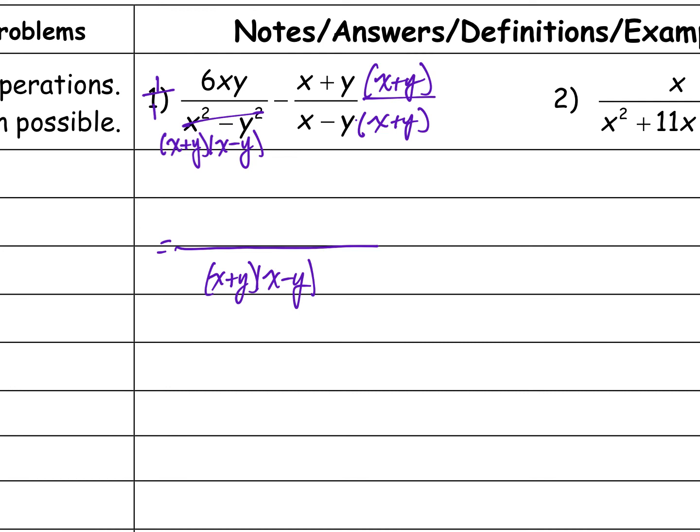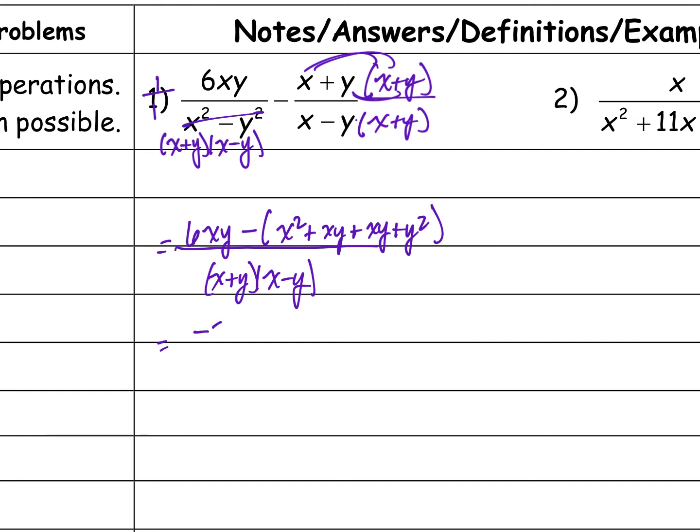So I get 6xy minus x squared plus xy plus xy plus y squared. I just distributed, right?